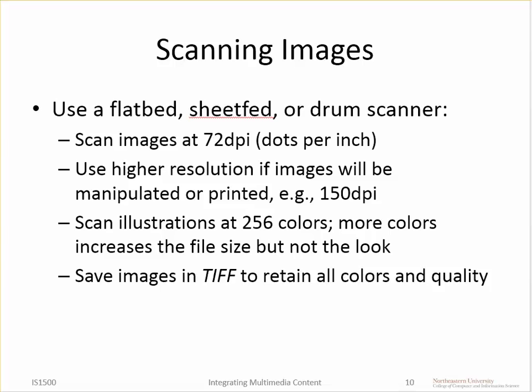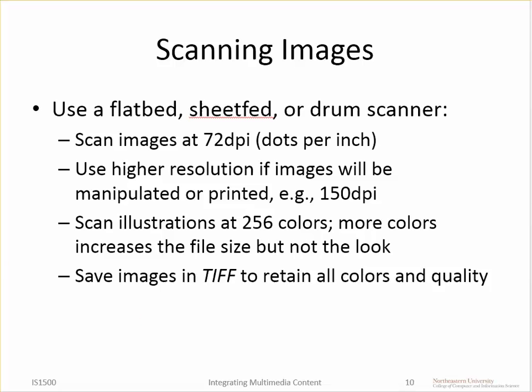Sometimes you can get more colors, but it's typically not worth it. Also, most scanners save the file in a file format called TIFF, which is a tagged image file format, because it is a non-lossy compression, which means when the data is compressed, you don't lose any content.